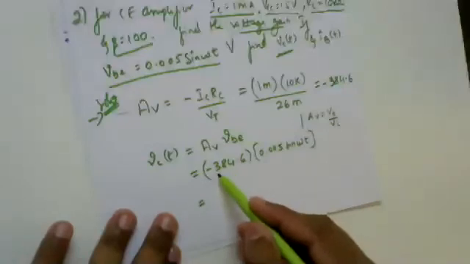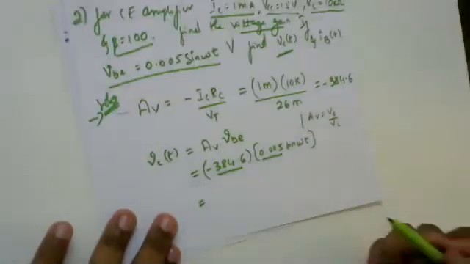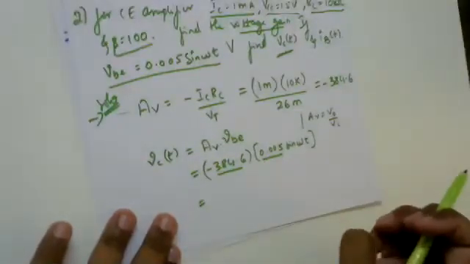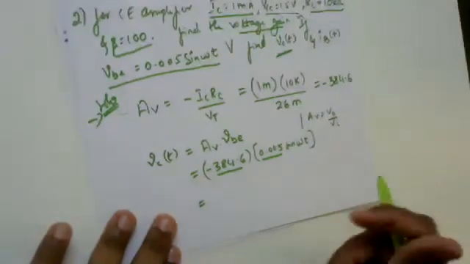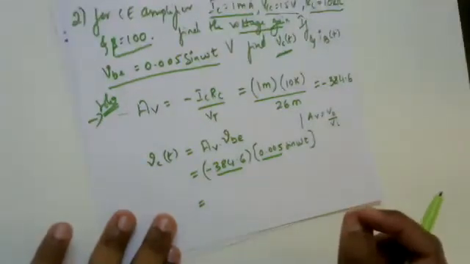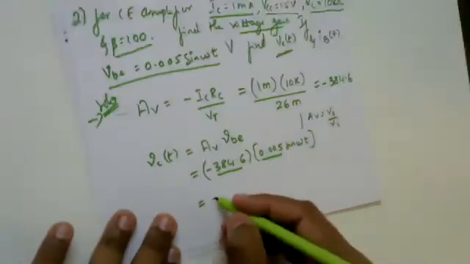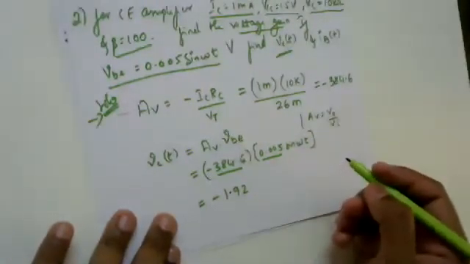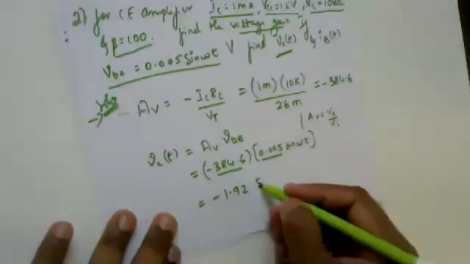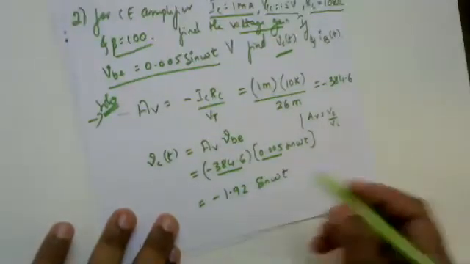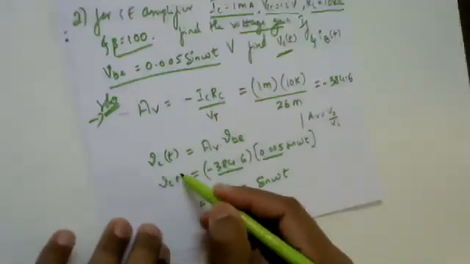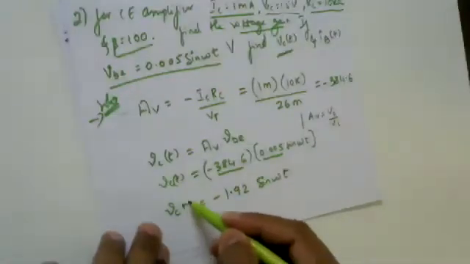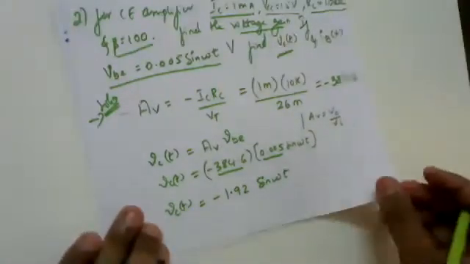Just multiply this term. What is the magnitude? I should get minus 1.92 sine omega t. So this is the value of VC of t.